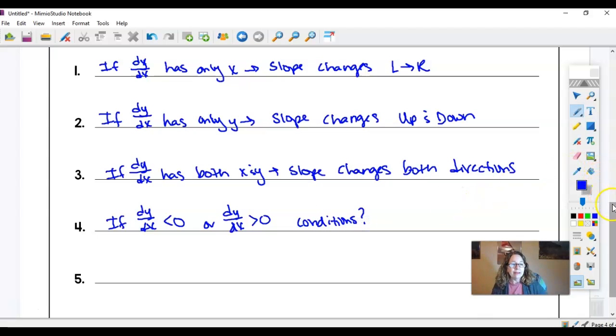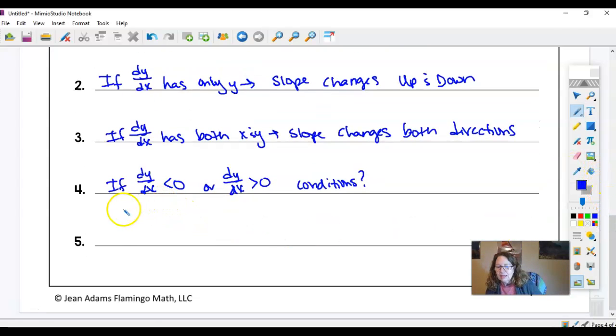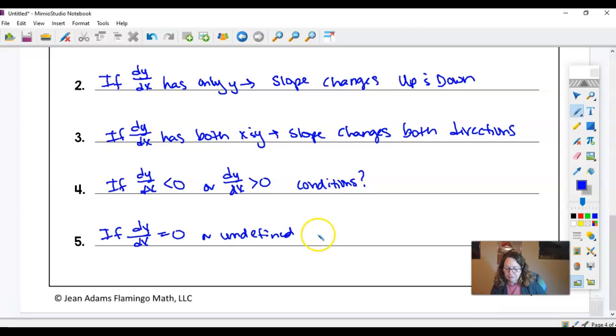And we did that by plugging some points in. Another one is if your differential equation is equal to 0 or undefined, and that's actually where we started, with our square root or the natural log. And then if we get really desperate, which we definitely got to, you can check ordered pairs.